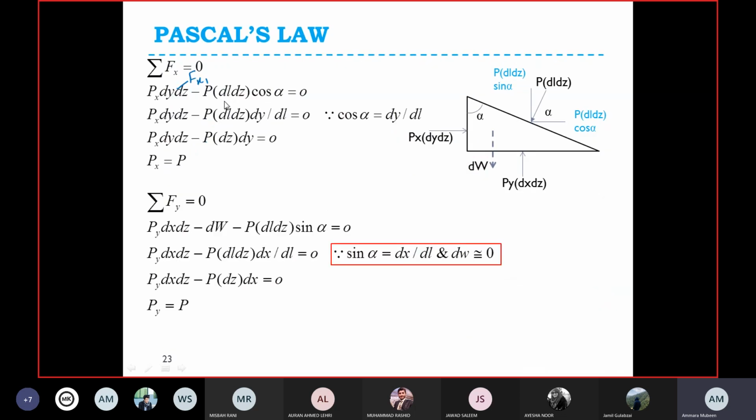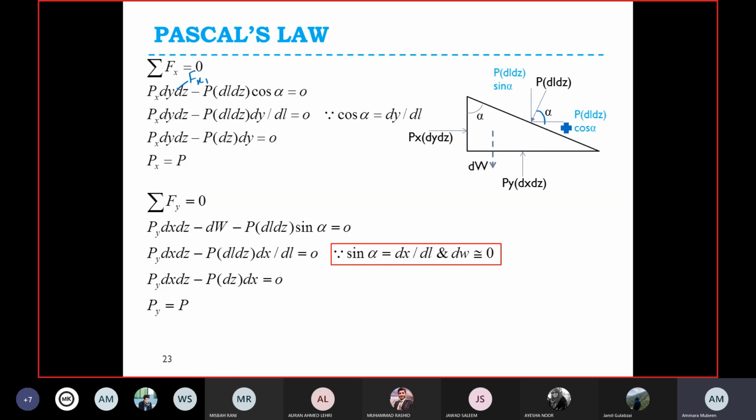Would be cos alpha force. Just check this figure, then you'll understand. So if this is F, and this angle is alpha, then this angle would also be alpha.